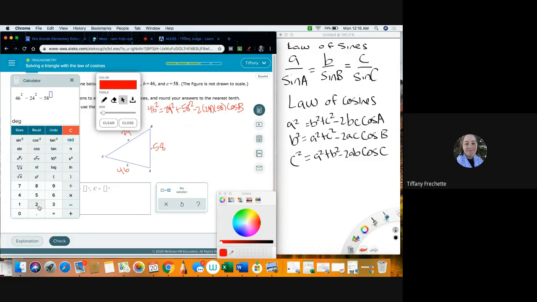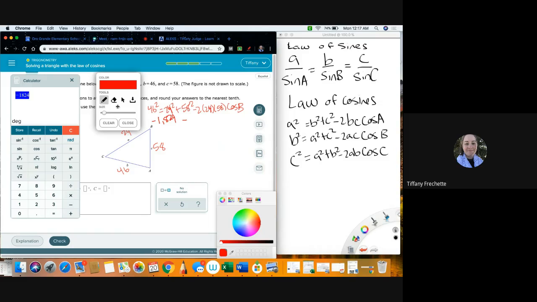So I'm taking the 46 that's on the left side and I'm subtracting 24 over to the left side and the 58 over the left side all in one step while squaring. So I end up with negative 1,824.